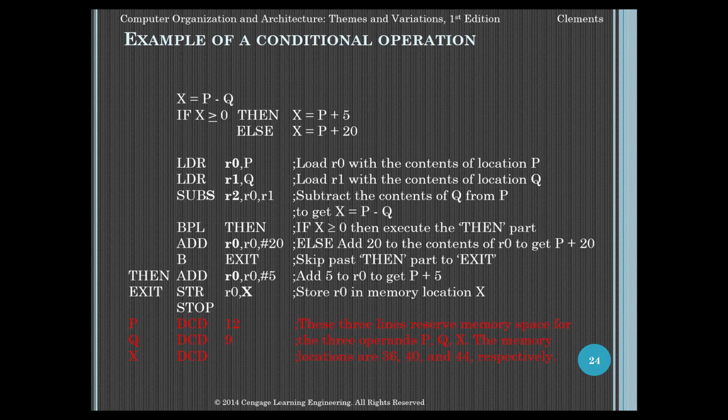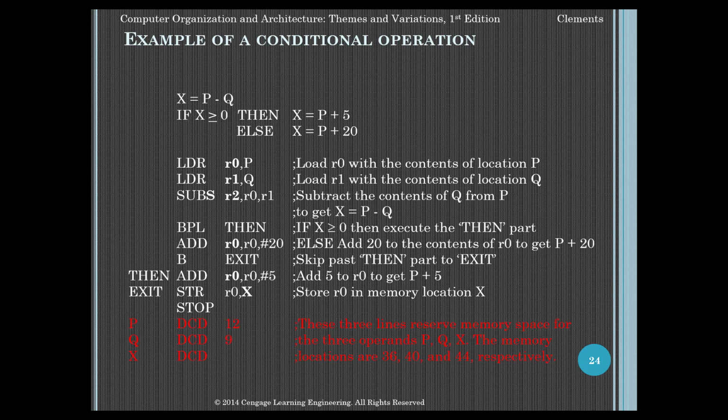Now let's look at this section down here at the bottom, the DCD. The DCD directive reserves memory locations for the 3 operands, which is kind of like defining variables. So P DCD 12, we can see from our comment section, these 3 lines reserve memory space for the 3 operands, P, Q, and X. The memory locations are 36, 40, and 44 respectively.